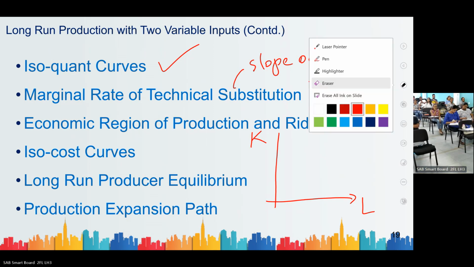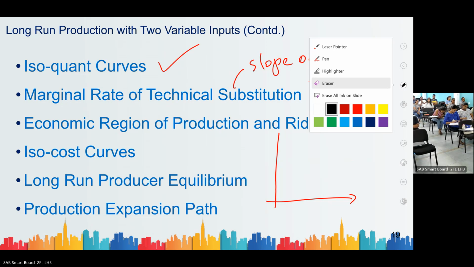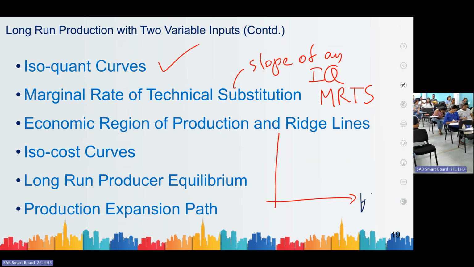If we change the positions, capital here, labor here, then it should be marginal rate of technical substitution of capital for labor.